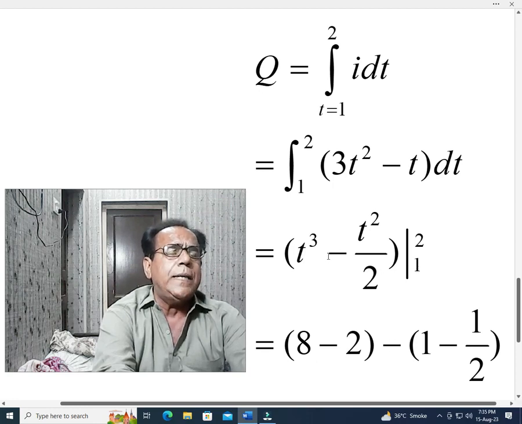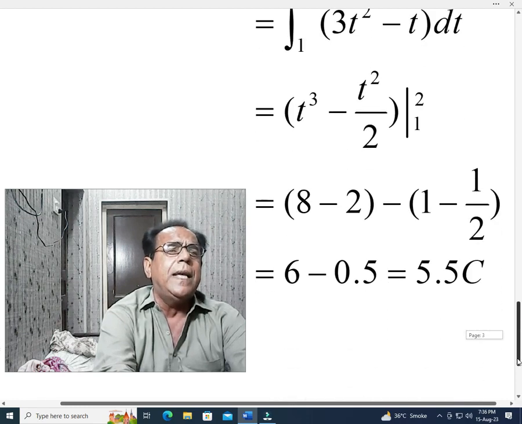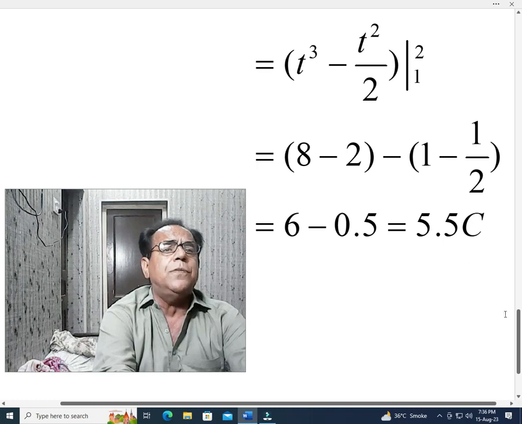When we put 1 it will become 1 and minus 1 by 2. So this 8 minus 2 equal to 6 and this half can also be written as 0.5, and hence our answer becomes 6 minus 0.5 equal to 5.5 coulomb.